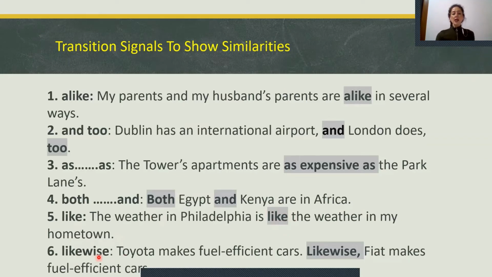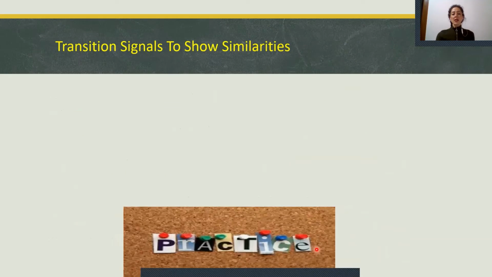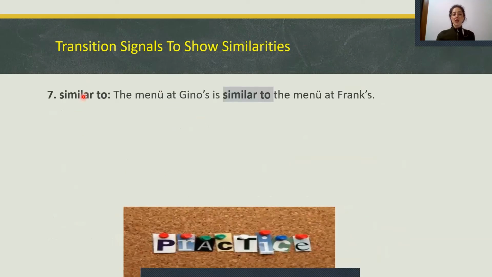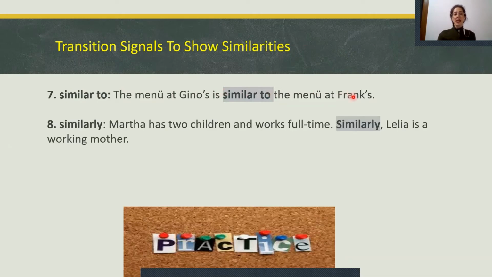Likewise. Toyota makes fuel-efficient cars, economical cars, and likewise, in the same way, Fiat makes fuel-efficient cars. Be careful with likewise, similar to this. I'm continuing, similar to. The menu at Gino's is similar to the menu at Frank's. Similarly, an adverb: Martha has two children and works full-time.